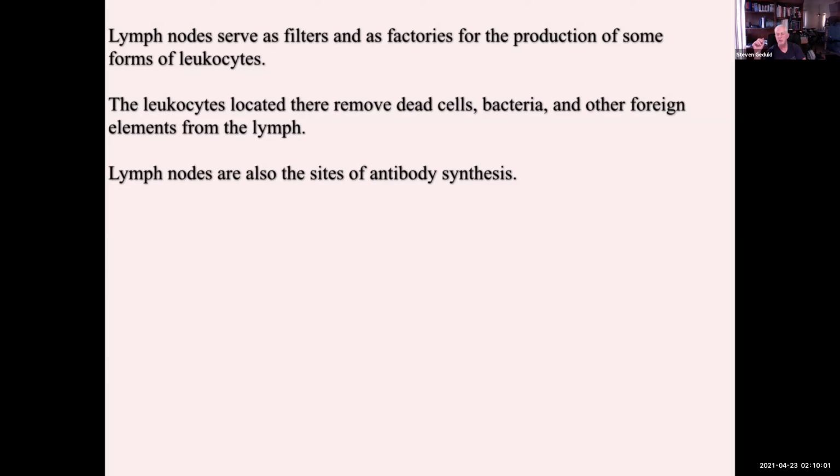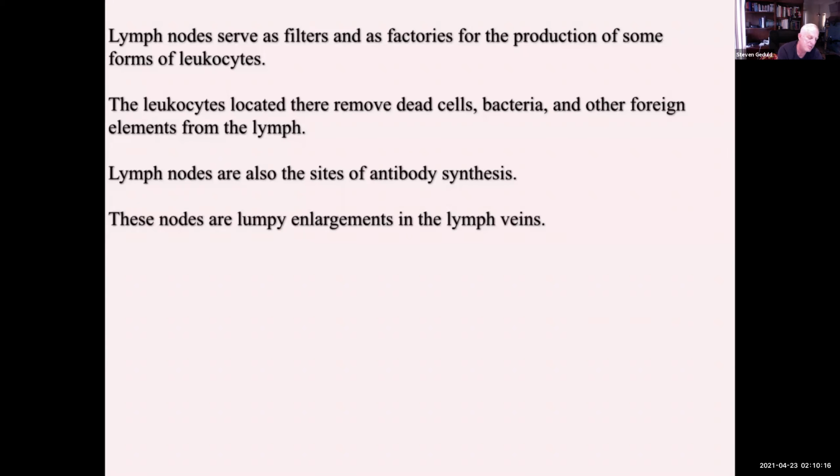You also have them under your arm, your groin area, around your stomach. Those are high concentrations of lymph nodes. But the most common ones you're going to find are right underneath your mandible, that you're going to feel when you get sick. Lymph nodes are lumpy enlargements in the lymph veins because they're making more antibodies, IgE.